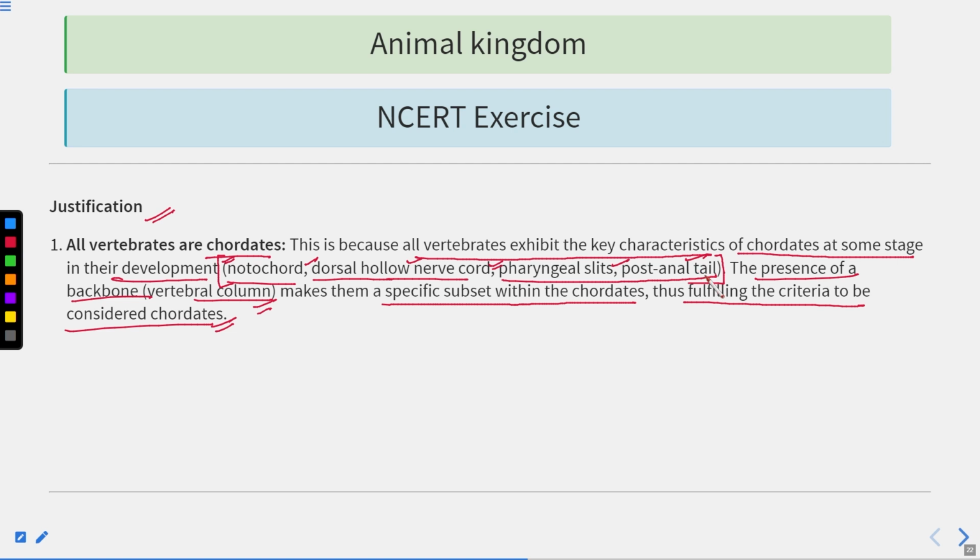But their advanced feature, the presence of a backbone, is not found in all types of chordates. So we keep these organisms in a different group called vertebrates.